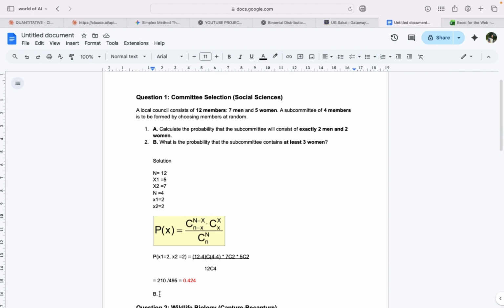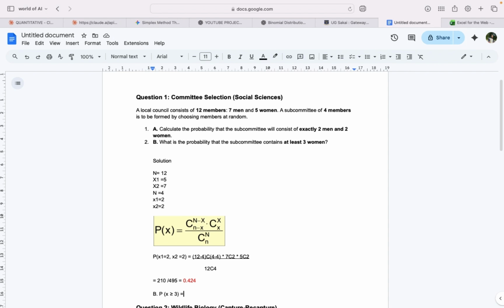So we say our probability, at least 3, which means it's greater than or equal to 3. So first of all, at least 3 means from 3 upwards.